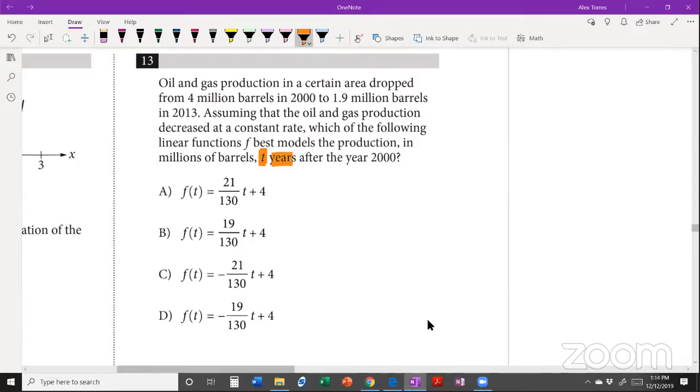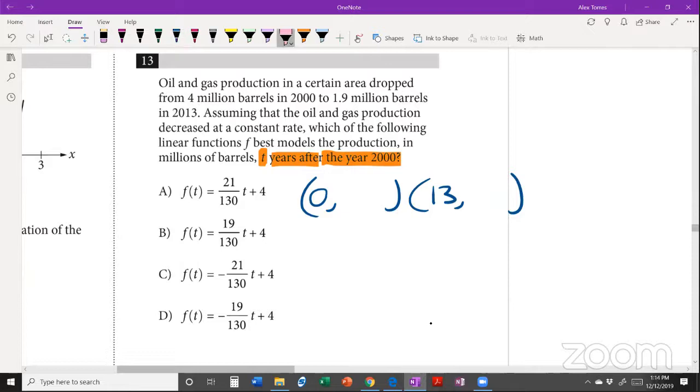T is the number of years after 2000. So in other words, our two x values, which are our years, here they're calling it t, no big difference, but they're not 2000 and 2013. They're the number of years after 2000. So 2000 is 0 years after 2000, and 2013 is 13 years after 2000.